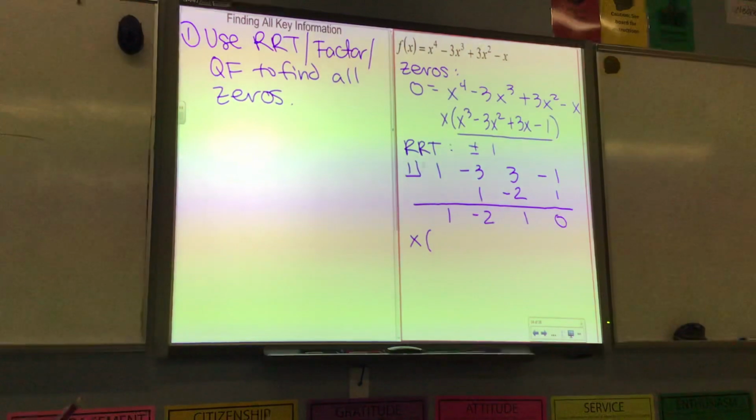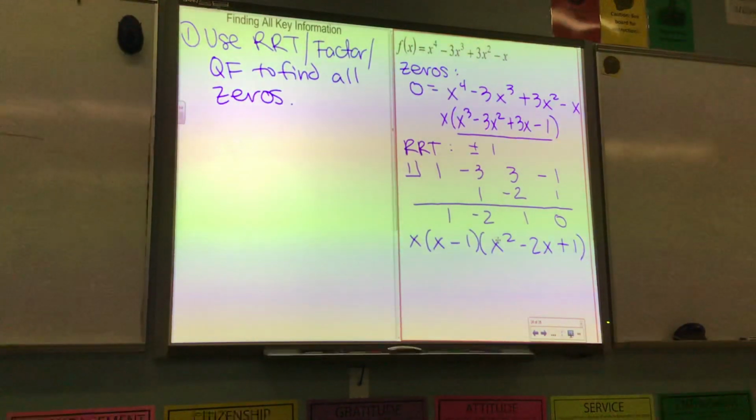How do I write this 1 in a parentheses? X minus 1. Good, you always flip that sign. And then this new part will be x squared minus 2x plus 1. Now we just have to solve that remaining part.